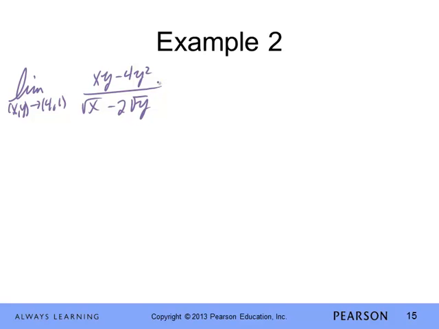So what happens if you plug 4 in for x and 1 in for y? You're dividing by 0. So what do we do?